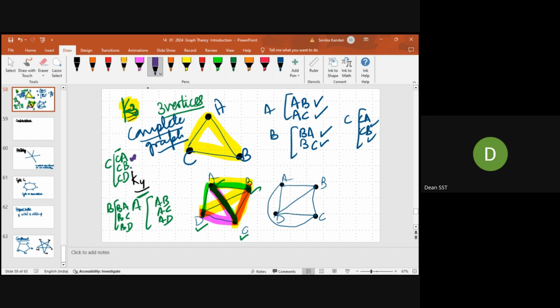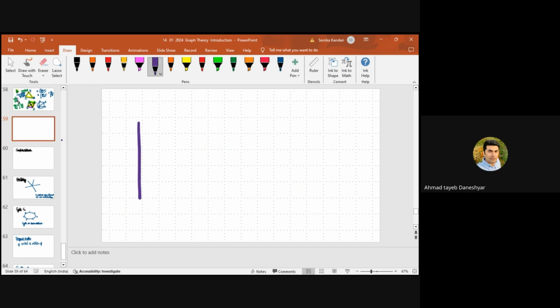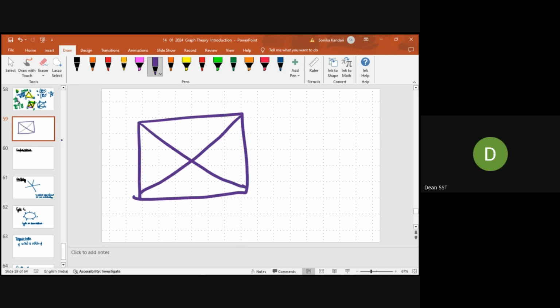Is it clear? It means we can say that this graph is a complete graph. We have proved that this is a complete graph.